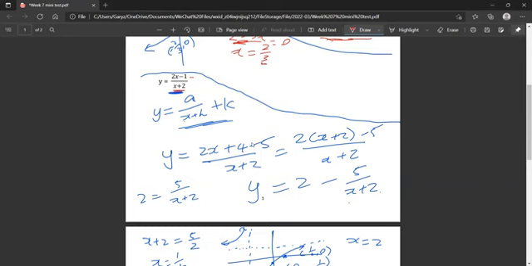Notice this is the same as 2x minus 1. We're just splitting the negative 1 into plus 4 and minus 5. By doing this, we can factor the top to be 2 times (x plus 2) minus 5. And notice how this can just cancel out, and we get y equals 2 minus 5 on (x plus 2). So this step just becomes this step.